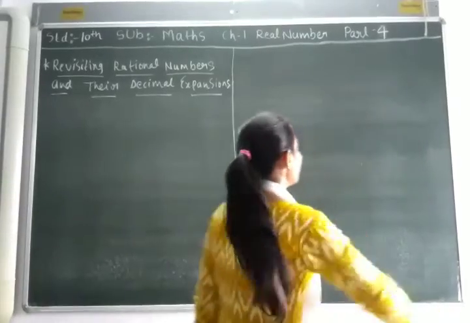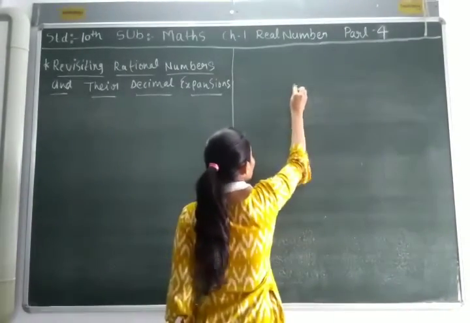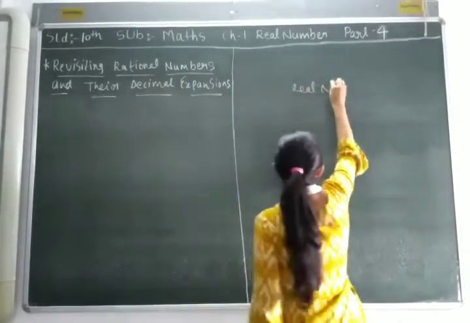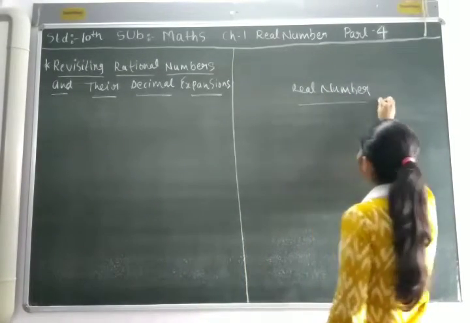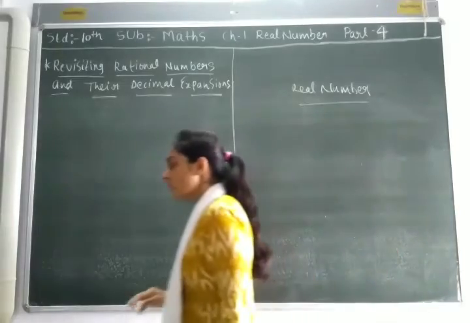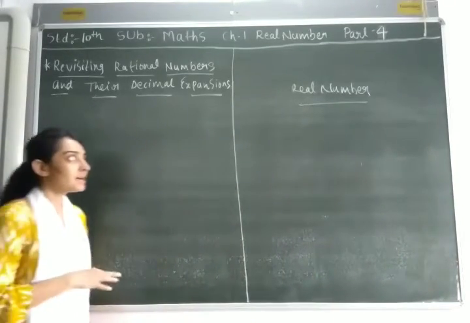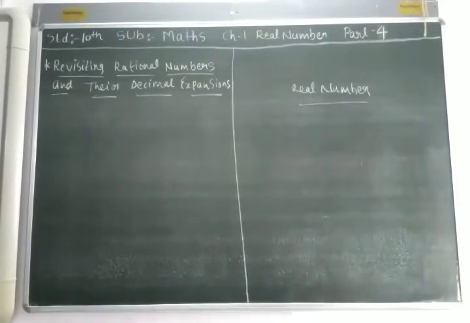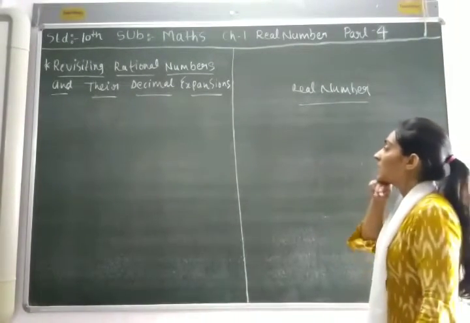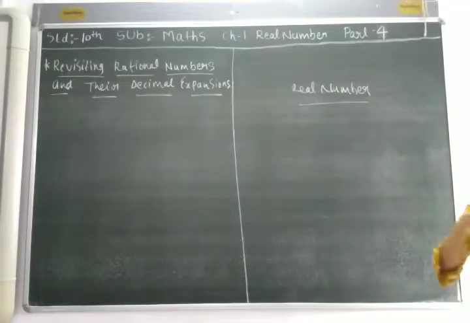In real numbers, you have already studied in standard 9. In real numbers, we know that there are two types of numbers.